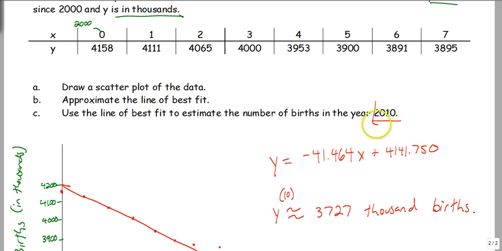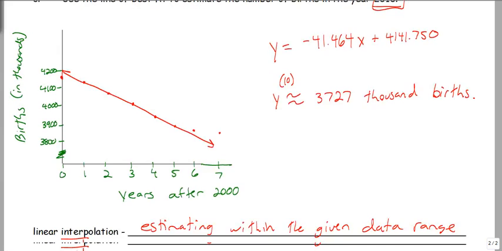No. This would be outside the data range, so this would be extrapolation. We're estimating outside the given points. If I would say estimate it halfway between 2002 and 2003, so 2002.5, then that would be interpolation. I'm asking for a number inside the given data range.